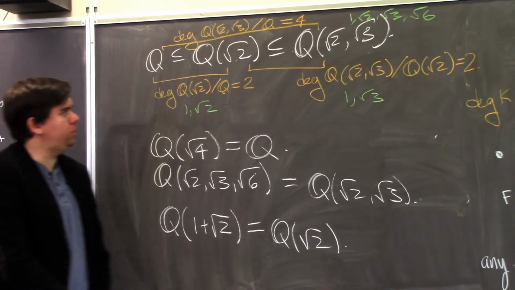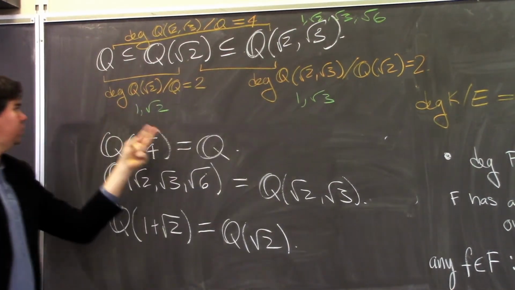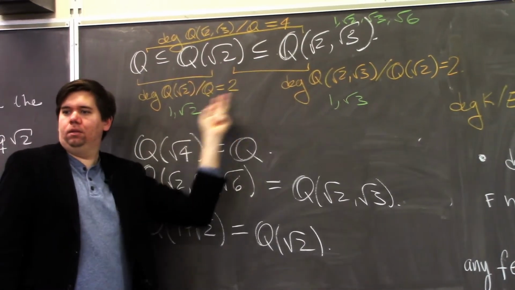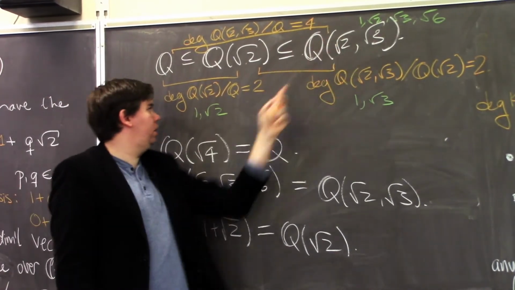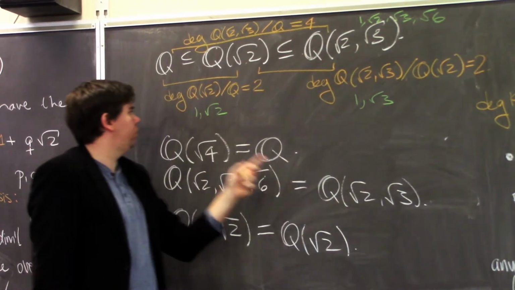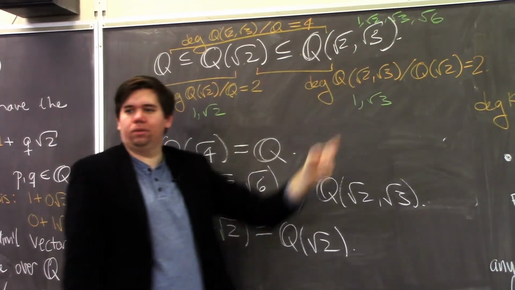But notice there's a relationship. Everything in the basis is just a combination of things in these two bases. 1 and 1 gives you 1, root 2 and 1 gives you root 2, 1 and root 3 gives you root 3, root 2 and root 3 gives you root 6.